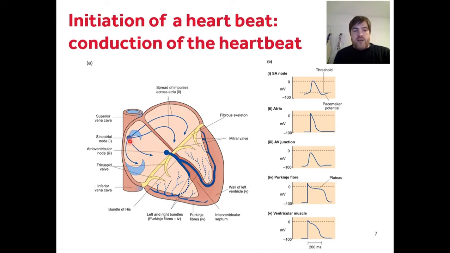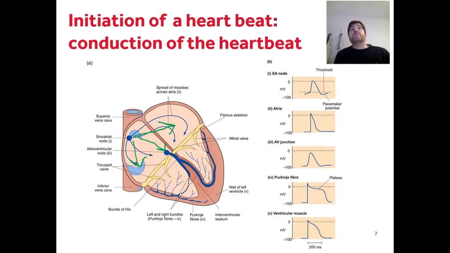So again, we have the 4 chambers of the heart: right atria, left atria, right ventricle, left ventricle, sinoatrial node, and we're getting the formation of action potentials which move across the atria as shown by the arrows that I'm drawing, and they spread across both atria.